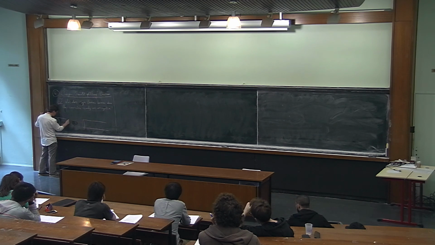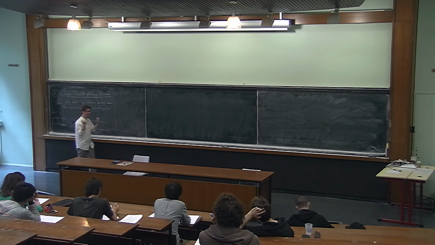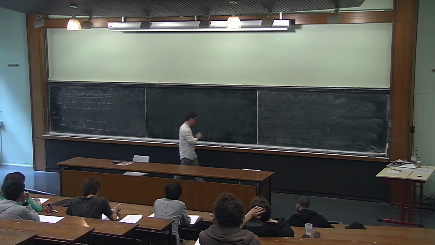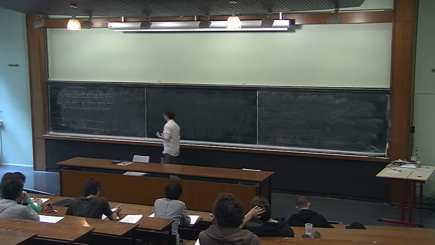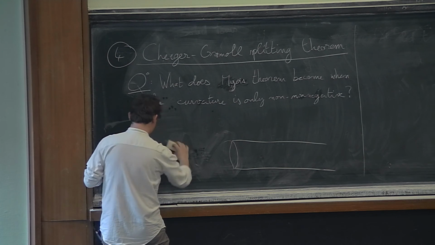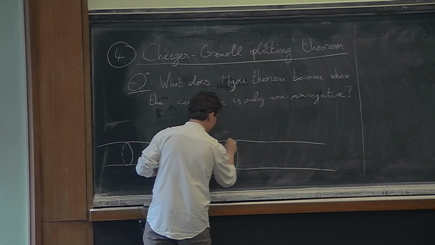Okay, maybe I can try to start like this. So this has really positive curvature. But then you will have to go like this, and you will create negative curvature around here. So that's not a solution. And actually, there's only one solution to get positive curvature out of that, or non-negative curvature. It's just to go straight.